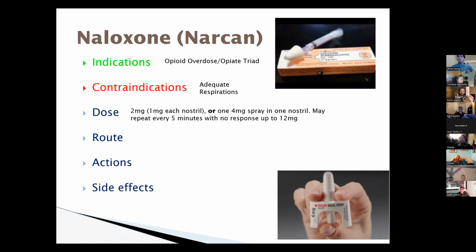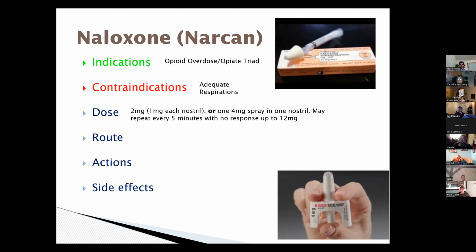So this is 2 milligrams of Narcan in 2 milliliters of water. The other one is this, which is 4 milligrams of Narcan, so double the Narcan, but in 0.1 milliliters of water.